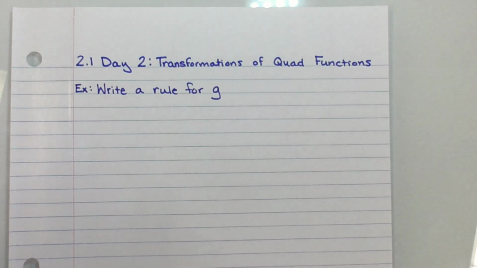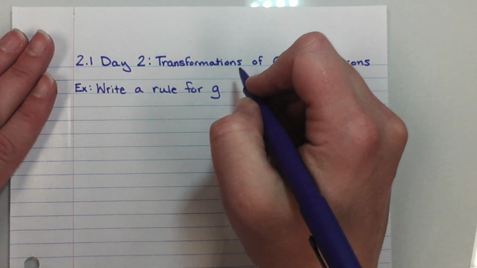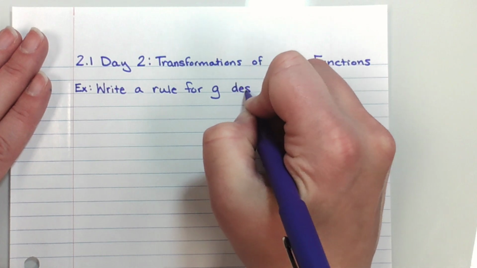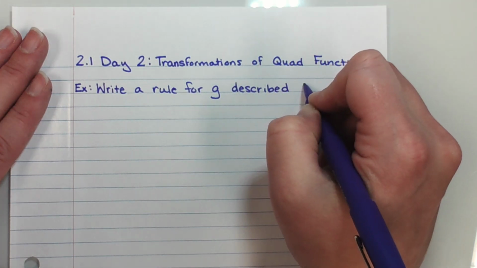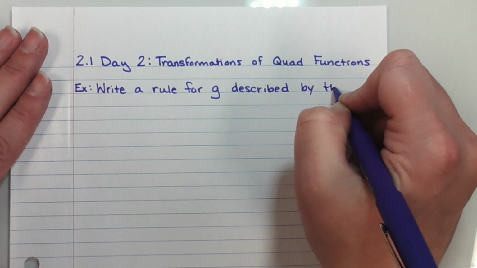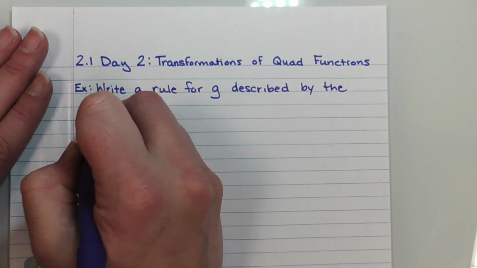Now, the instructions are going to be a little bit odd on this section, at least in my opinion, because it's going to tell you to write a rule for g described by the transformation of the graph of f.